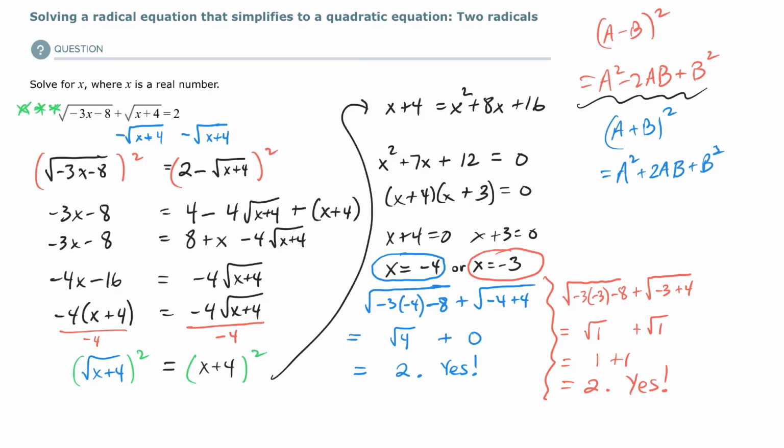This doesn't always check though. So whenever you solve a radical equation, make sure you check your answers by substituting them back into the original equation to see if it gives you a true statement. True. And then this one was true as well.